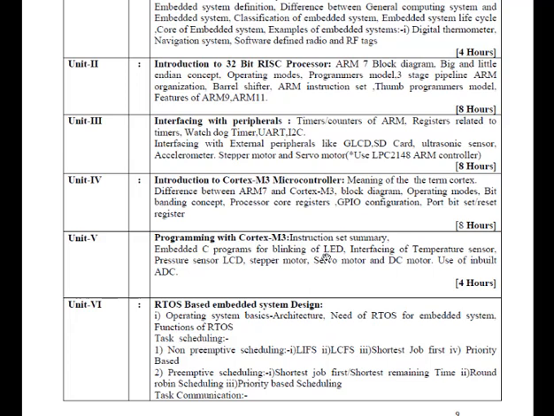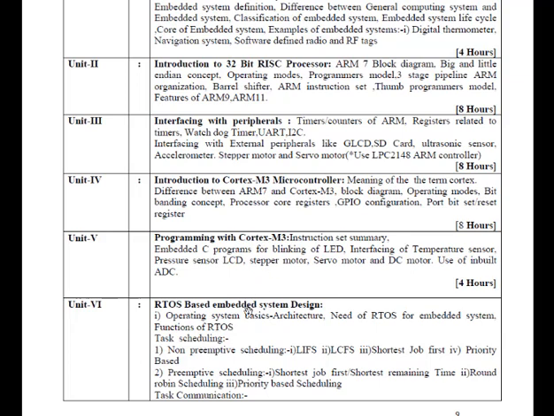Then interfacing of temperature sensor, pressure sensor, and humidity sensor. You can make your B project on the basis of this unit. Also use of the inbuilt ADC. These are the different sets of programs that we can perform with Cortex M3.